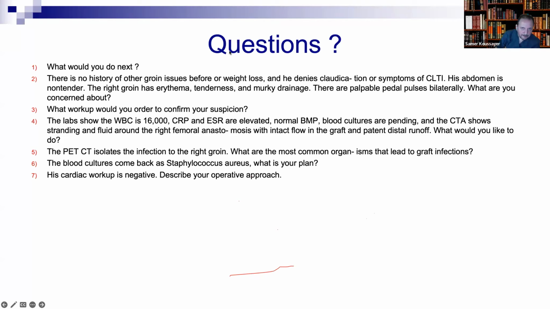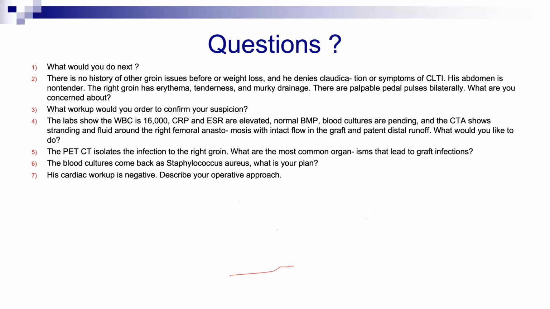How are you going to anastomose, and to where? From the right to the left, the same area is infected, so the graft will get infected. What's the advantage? Extra-anatomical, in the distal SFA from the anastomosis. So you go from the common femoral to the distal SFA.